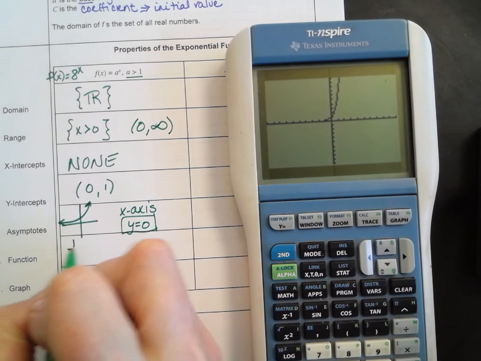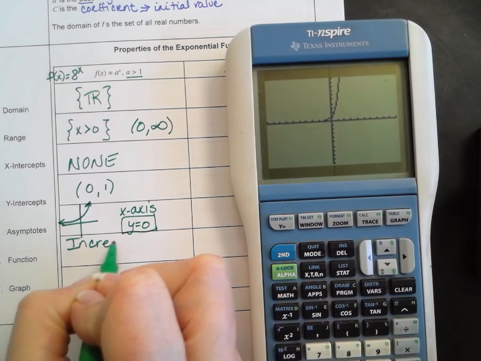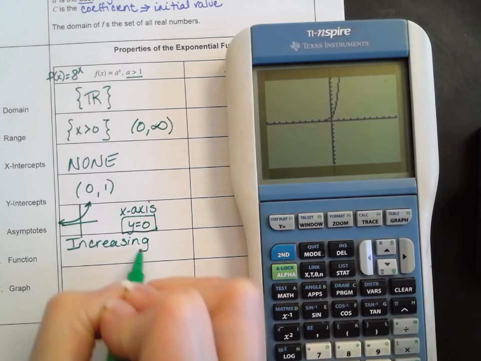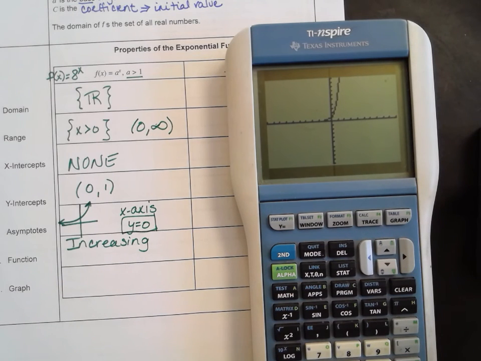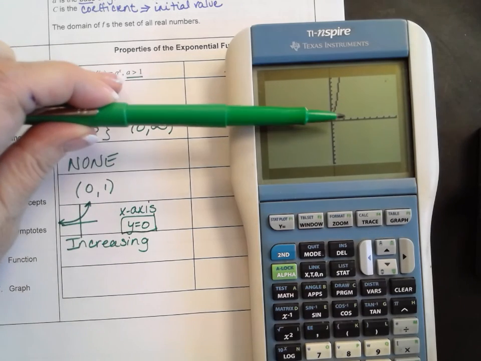The function is increasing. Now, who can tell me how you tell if it's a one-to-one function? Horizontal. Okay, horizontal is what tells if it's one-to-one.